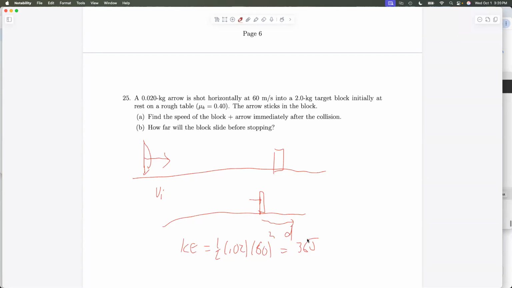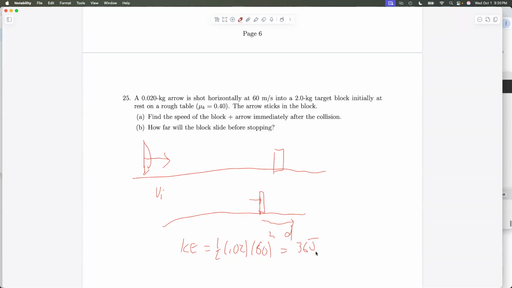But this one's a little tricky. I just went through his calculation for nothing. We don't need that. Not all of that kinetic energy is going to get transferred into the block. The arrow is going to stick into the block.